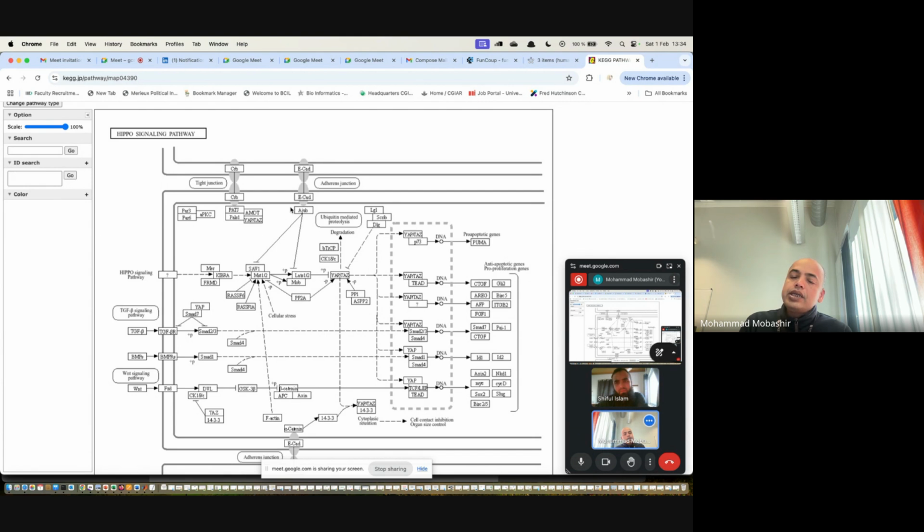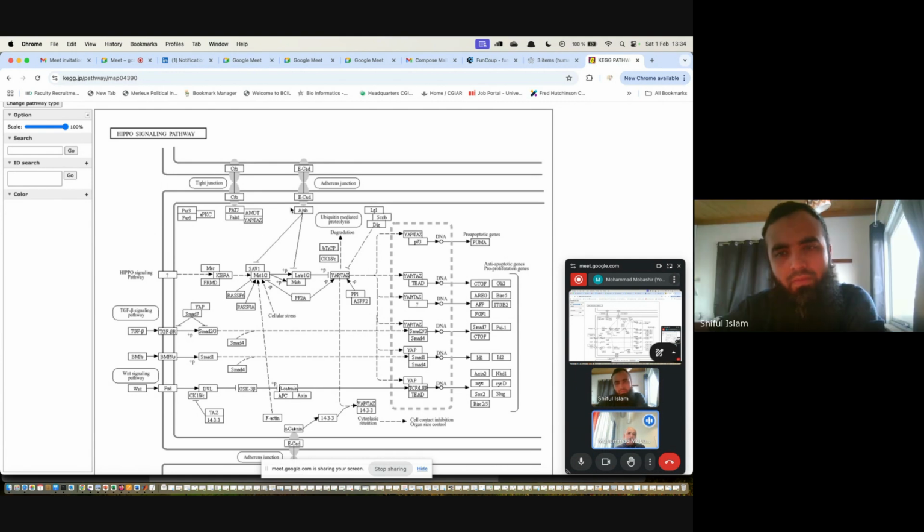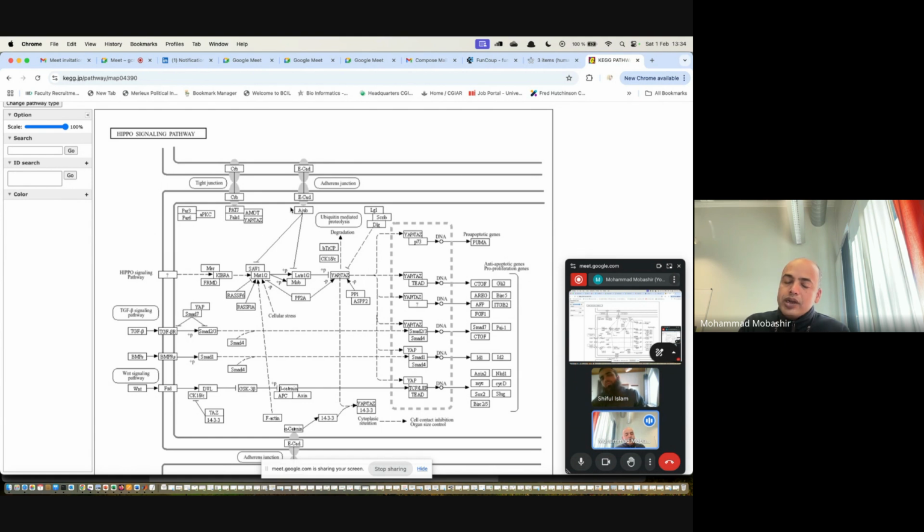Second thing, one gene is not connected with only one pathway. It may be connected with more than one pathway also. So when genes are connected with a larger number of pathways, it means that if there is any change in that gene, it has the chance to impact more pathway functions.